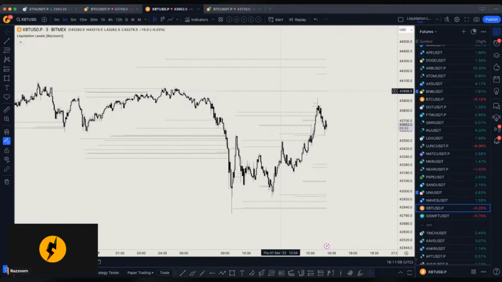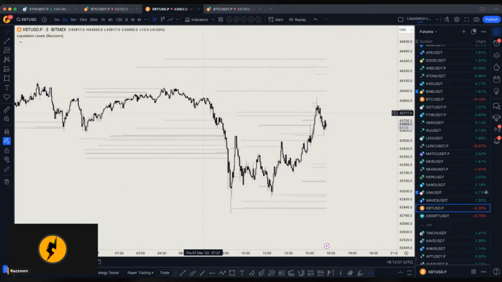The way this tool works is, based on the open interest and volume, it guesses the levels where a lot of positions have been opened. And then it calculates the liquidation levels for those positions.